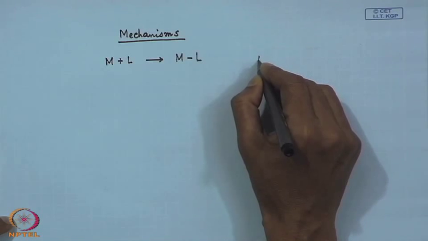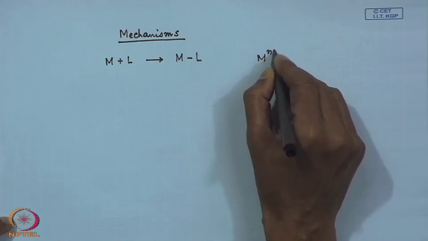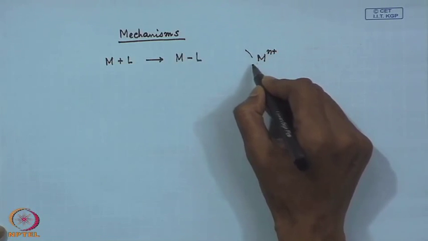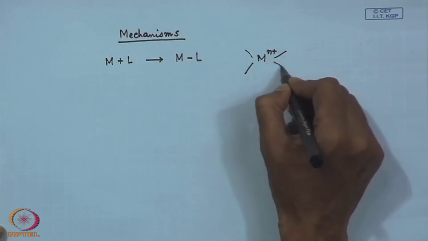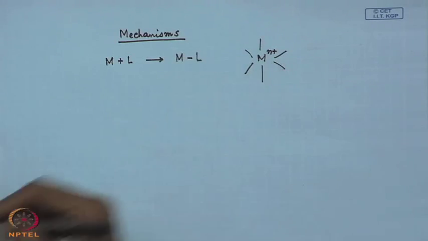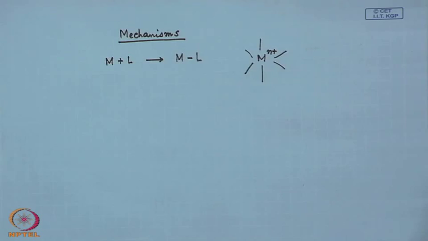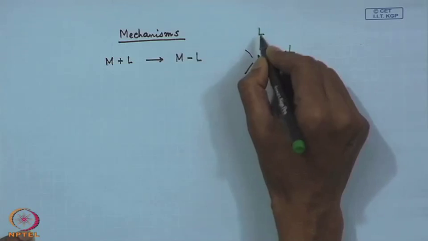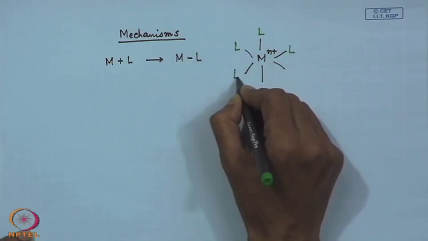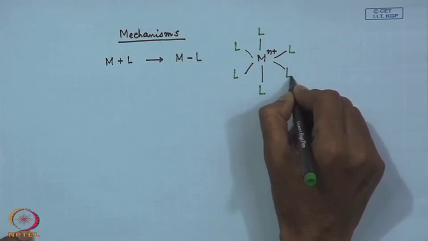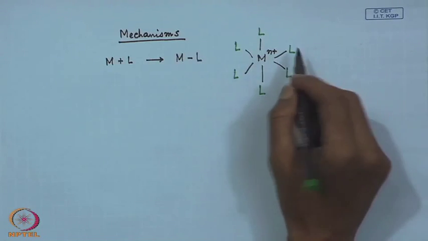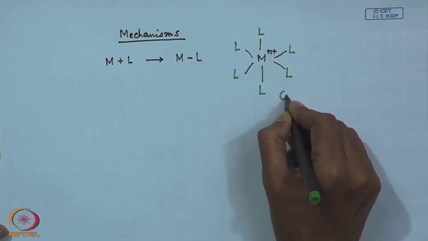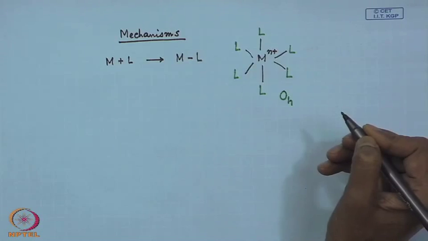If the metal ion is in some oxidation state, say +2 or +3, and binds six ligand groups, these ligands occupy six different positions in a 3-dimensional array. If these six positions form an octahedral geometry, we get a corresponding octahedral complex.